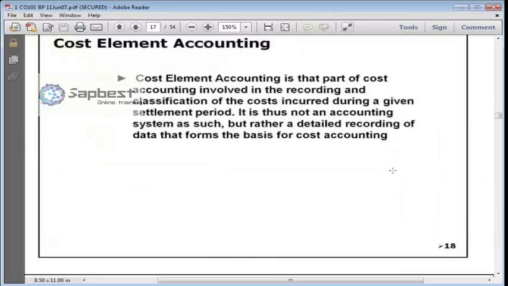Cost element accounting. Cost element is that part of the cost accounting that involves the recording and classification of the costs. Means what type of cost do I have? At what granularity do I want to manage my costs, right? Travel, marketing, salaries, computer expenses, whatever you want to classify the cost, you want to have that in your cost line, in your P&L.